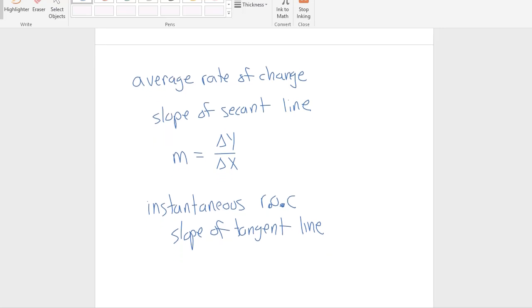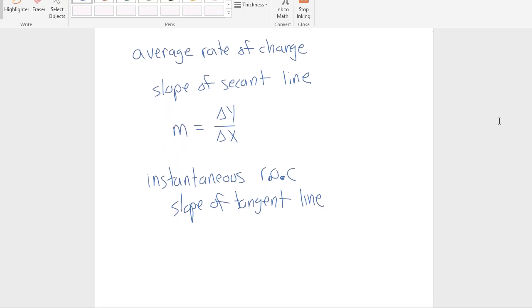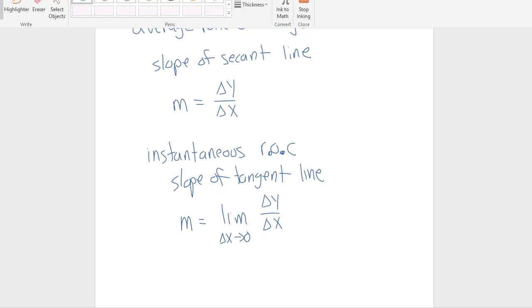So instead of looking at an average over 2 points, we looked at the slope at specifically 1 point. And what that involved was the limit process. So we had the limit of our slopes of lines. And the way that I've written this, the delta x has to go to 0. So I'm going to say delta x goes to 0 the way that I have written this expression.